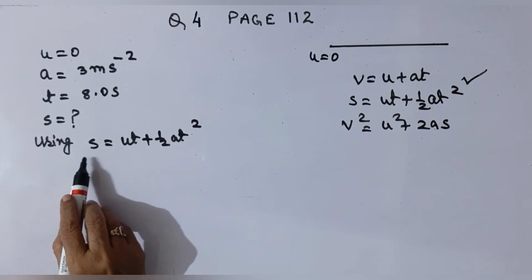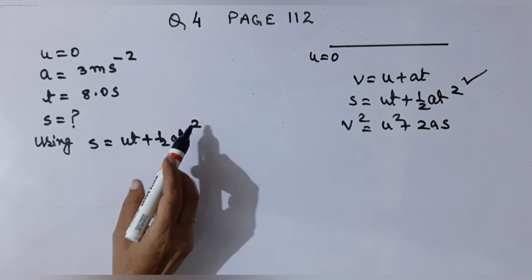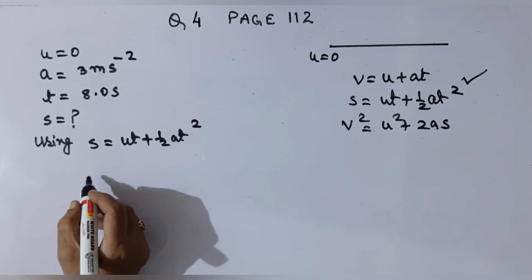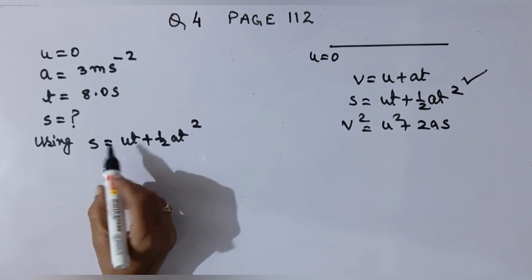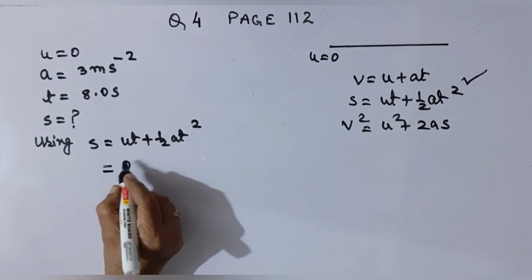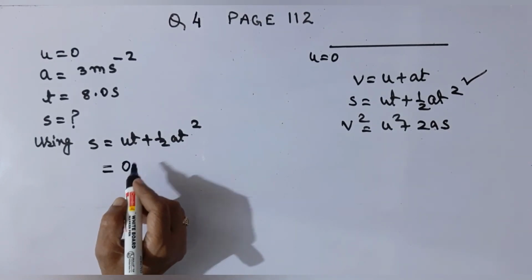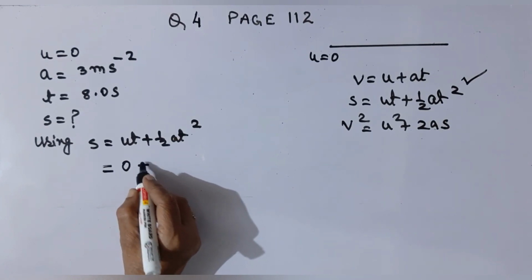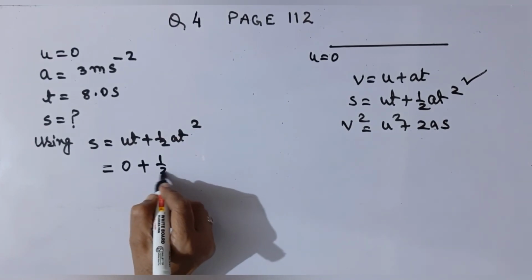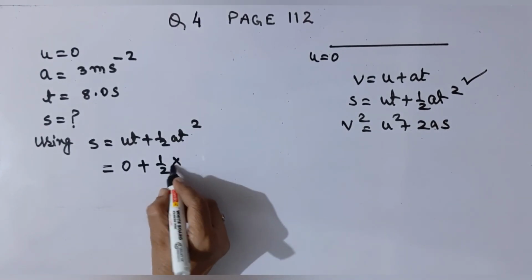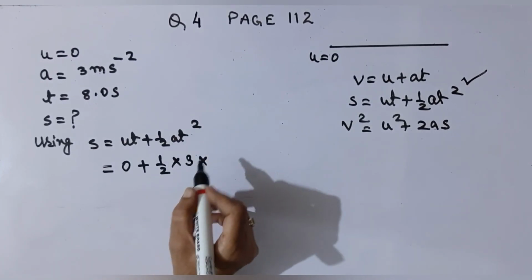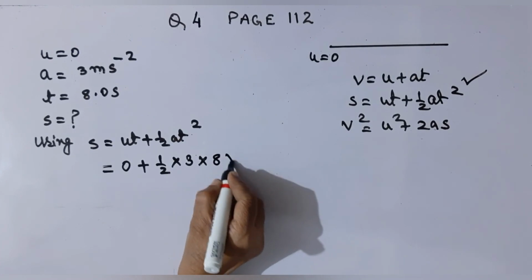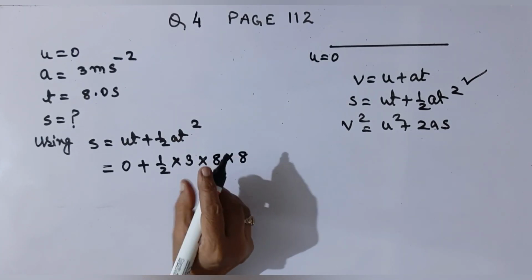Using the equation s is equal to ut plus half at square, we put in the values so that s is equal to u, that is 0. 0 multiplied by anything will be 0, so we put simply 0 here, plus half a, that is 3, multiplied by time 8 square, that is 8 into 8.